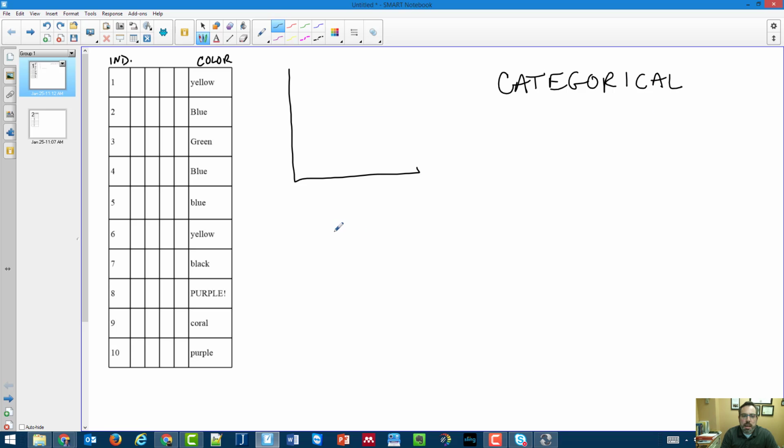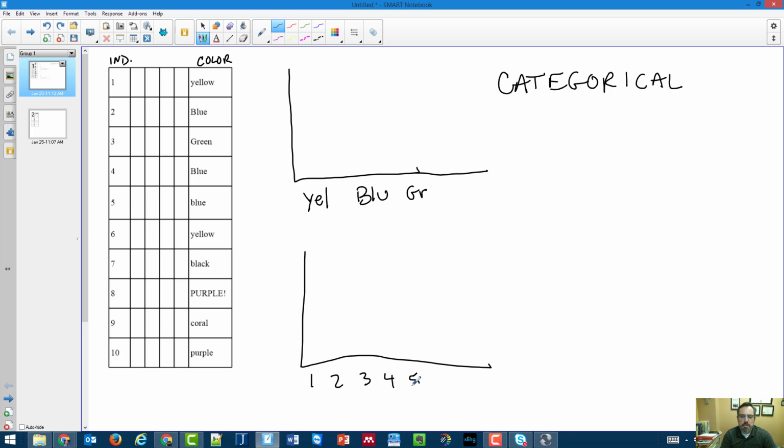we're going to put the actual variable down here on the x-axis. So I am going to put yellow and blue and green, because those are the first ones that I see. All right, and if you think about it, that makes a lot more sense than putting the people down here, 1, 2, 3, 4, 5, for example.